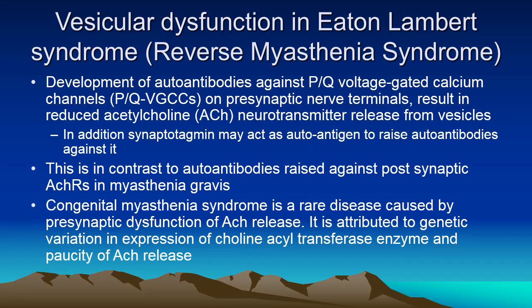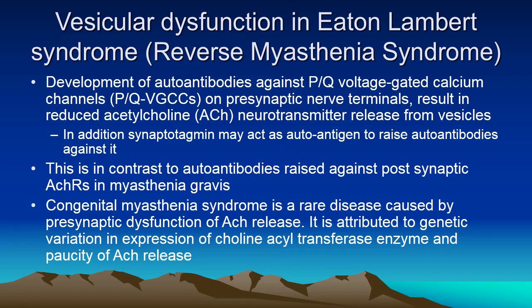Vesicular dysfunction in Eaton-Lambert syndrome, the reverse myasthenia gravis syndrome. Development of autoantibodies against P/Q type voltage-gated calcium channels on the presynaptic nerve terminals is the main mechanism resulting in reduced acetylcholine release in reverse myasthenia gravis.